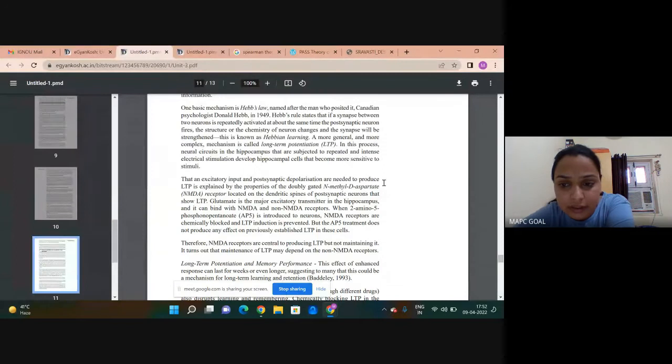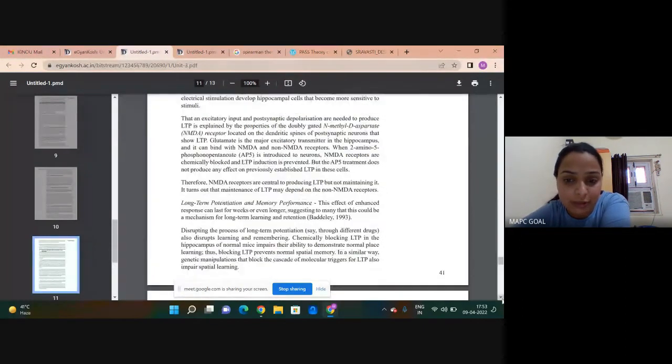And there are other brain areas or receptors, like the N-methyl-D-aspartate receptor, which are postsynaptic. There are many billions of neurons in our brain, and they also help us to store information.